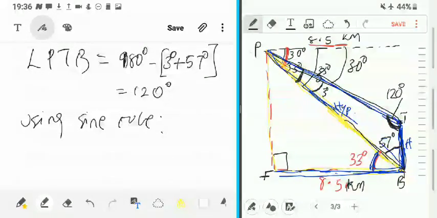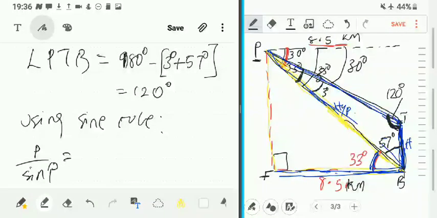That side corresponds to this P. So small p over sine P equals, which side is given fully? The side and the angle are given. This angle is given, angle big T, and this small side is given. We've already worked this is the hypotenuse, we got it as 10.1 kilometers.